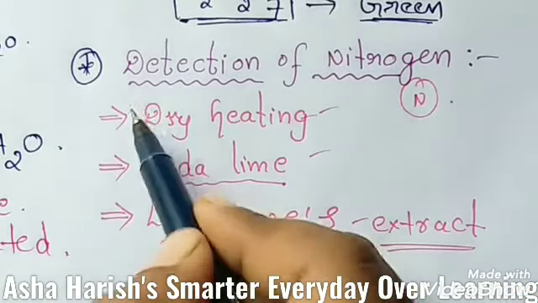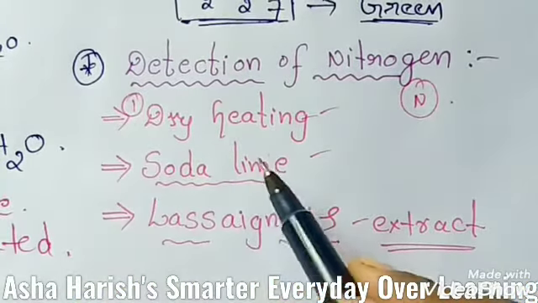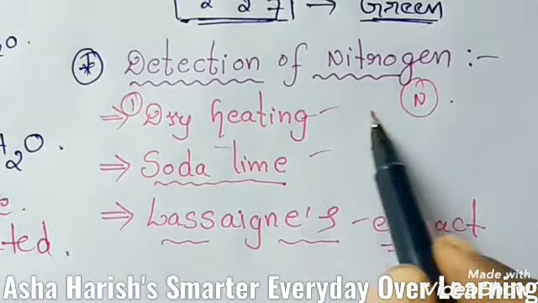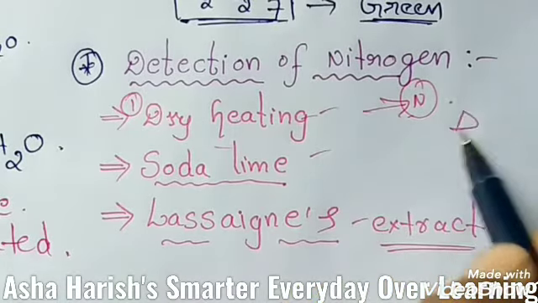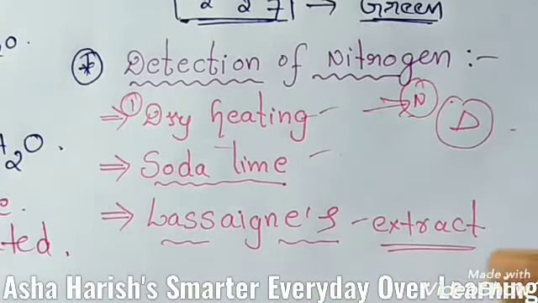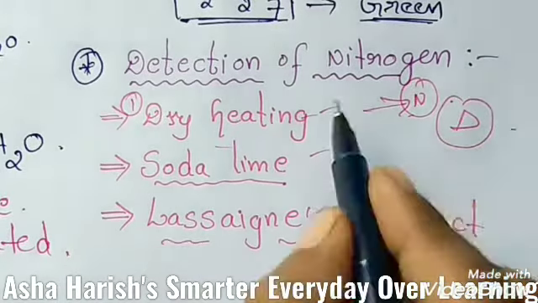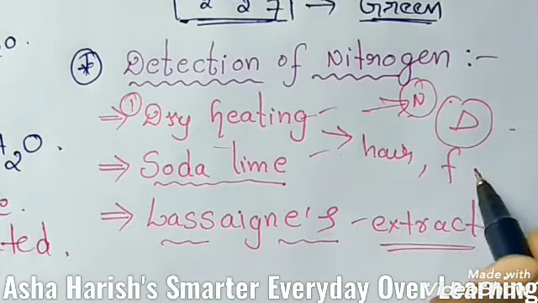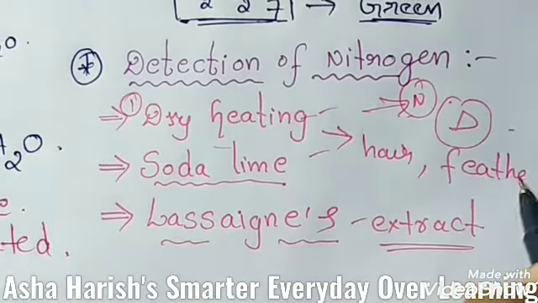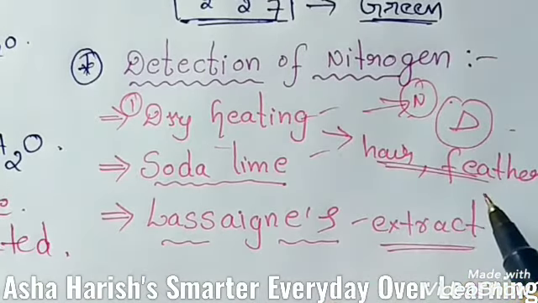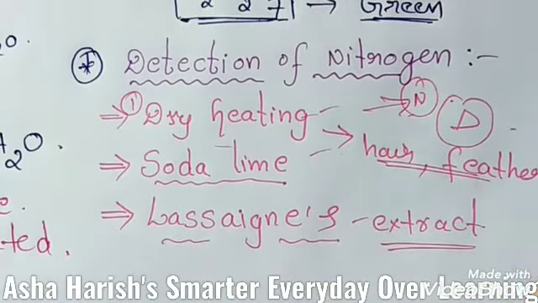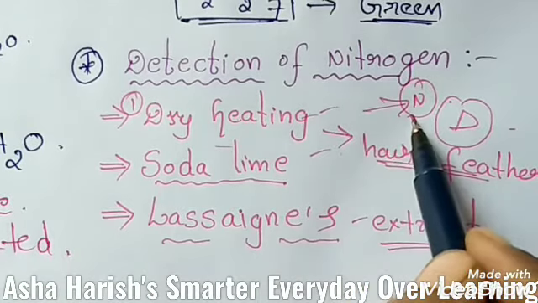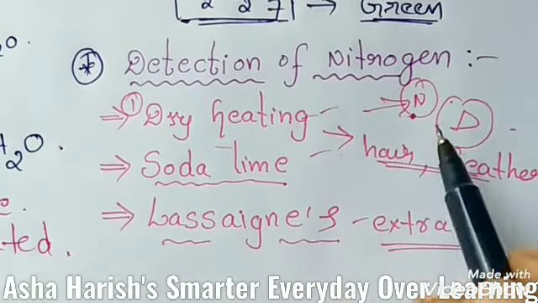In the first type, the dry heating test, if the organic compound contains nitrogen, it is heated strongly and gives a smell of burning hair or burning feather. If you observe this type of smell, then you can identify that the organic compound contains nitrogen.